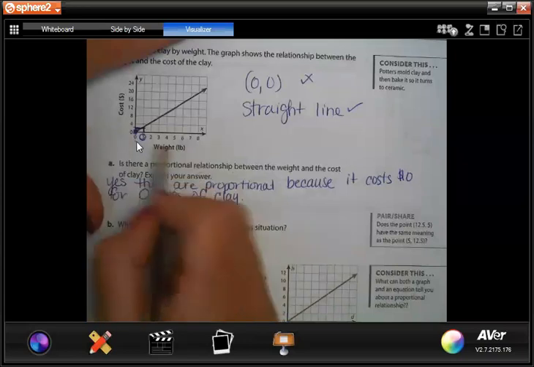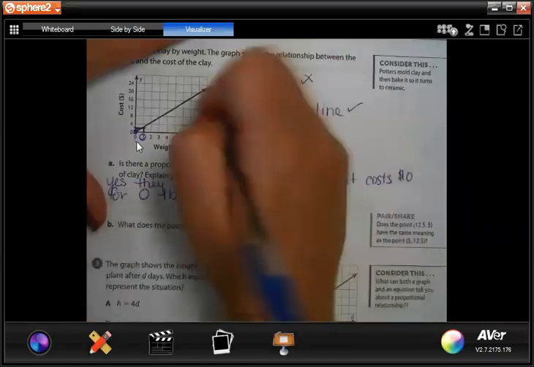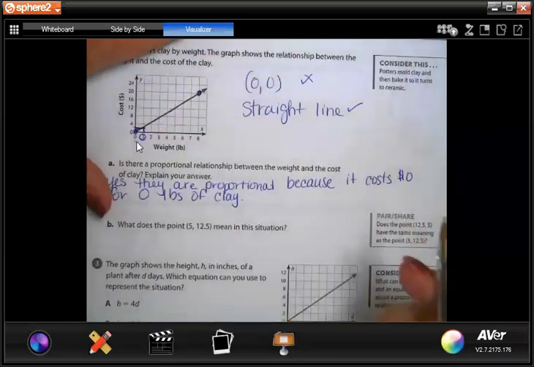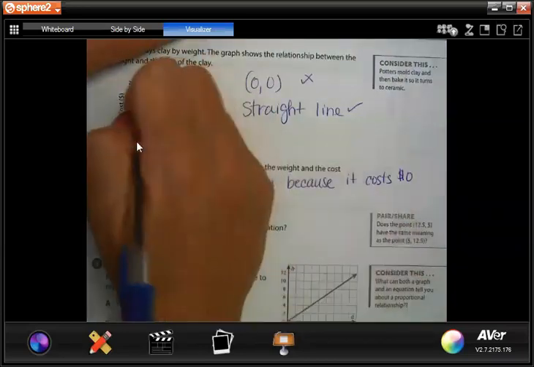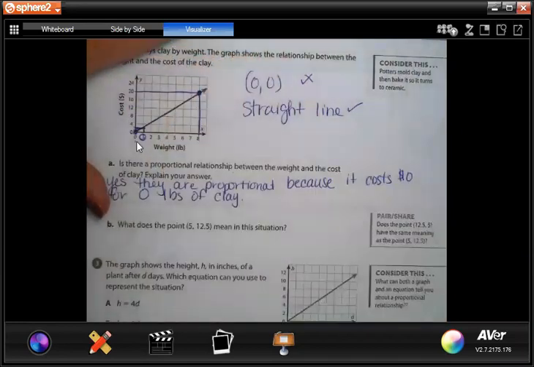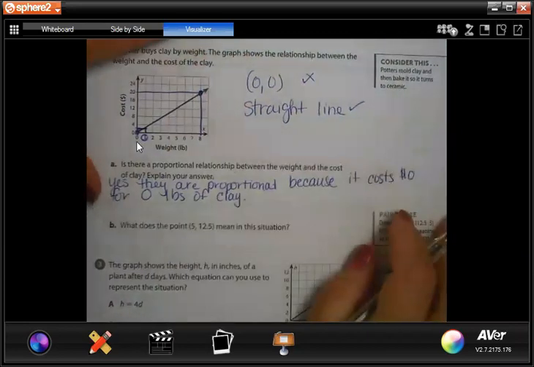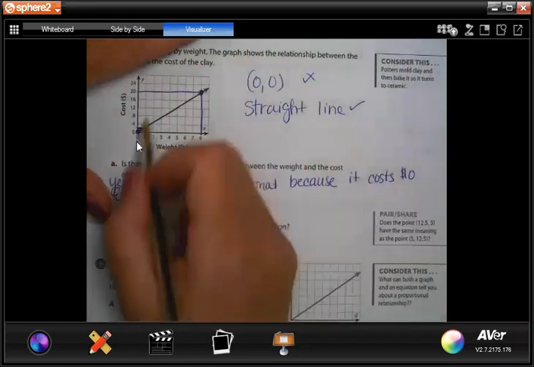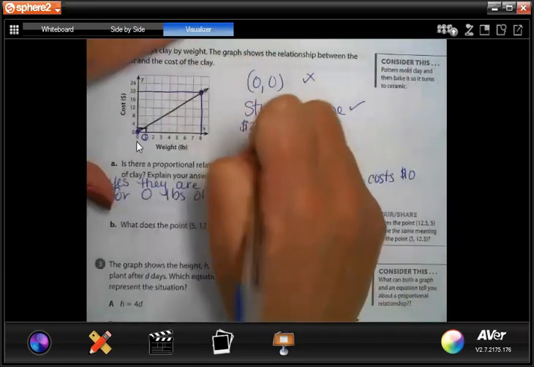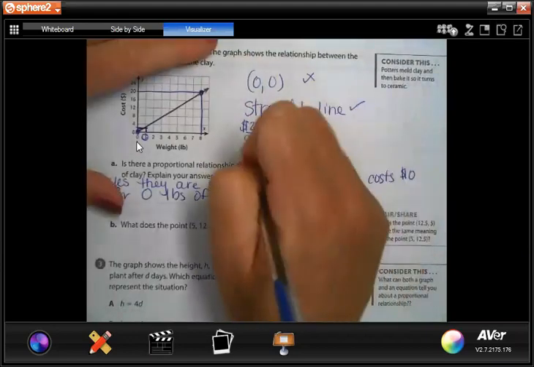A better intercepting point means like this dot right there, because it's right where an X value and a Y value overlap. And what we know is that that coordinate is $20 for 8 pounds of clay.